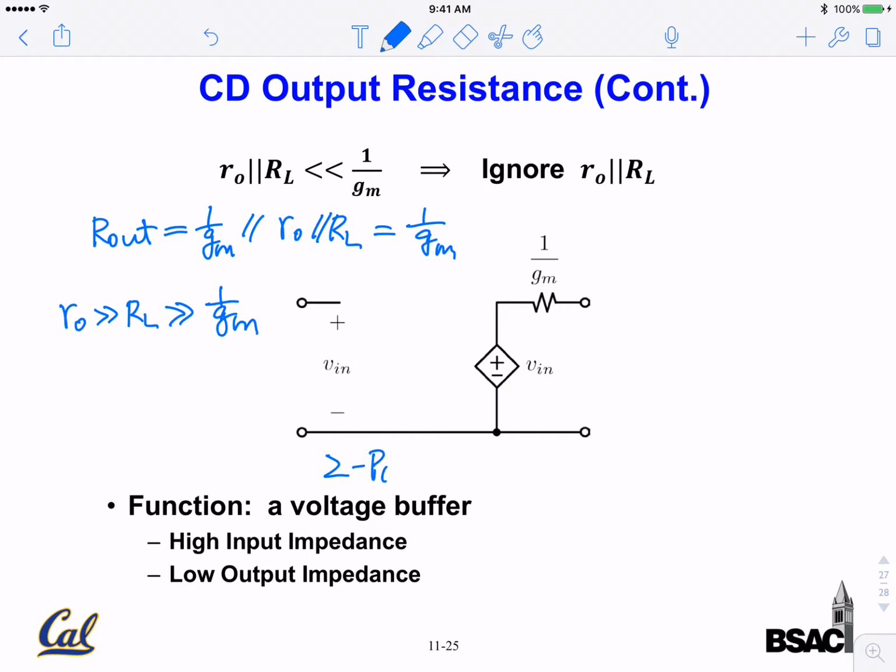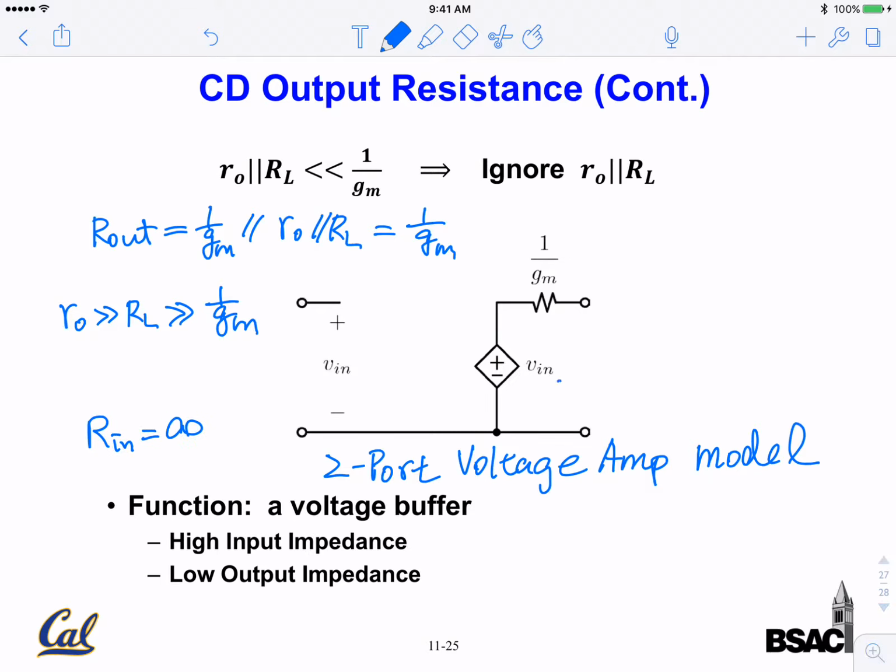Here Rin is infinity, and the voltage gain Av, we said, is nearly 1, so the output voltage is exactly equal to the input voltage. This value we put here is Rout, which is 1 over gm. So this is now the equivalent circuit of the entire circuit, not just the transistor, but the entire circuit.